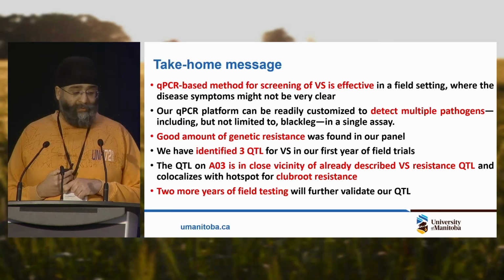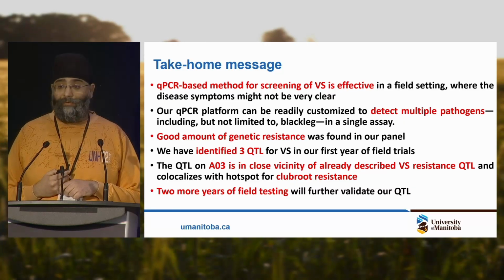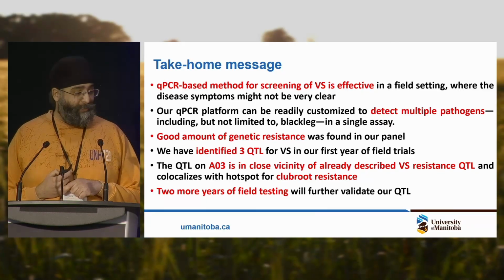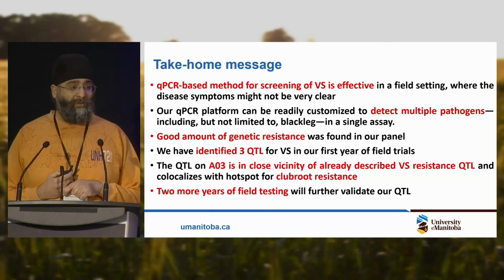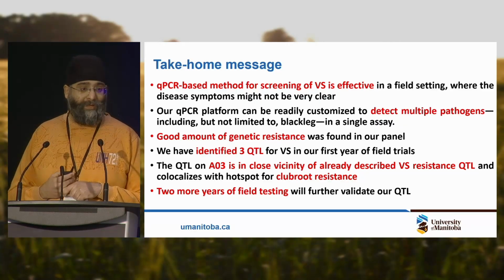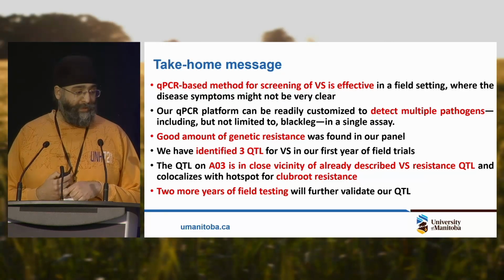The QTL on A3 is close to already identified QTLs for verticillium and co-localizes with the hotspot for clubroot resistance, so something to think about. 2 more years of field testing data are coming. 1 year we are doing right now as we speak, so hopefully we'll have some very interesting results for this year, and we'll continue for at least 1 more year.